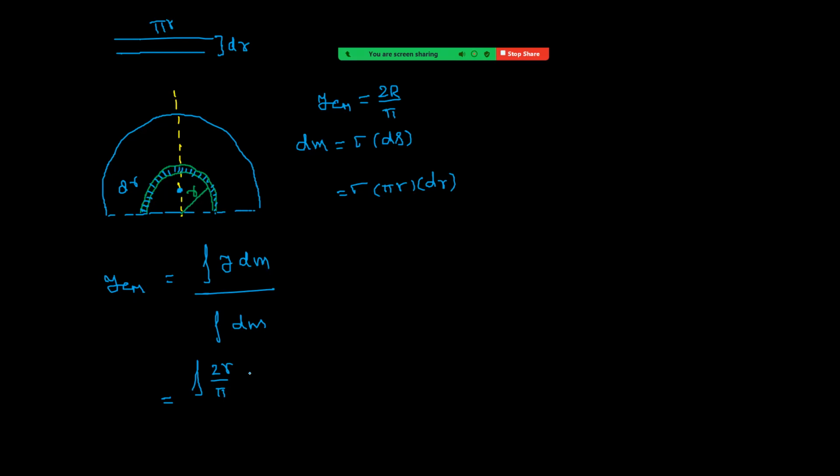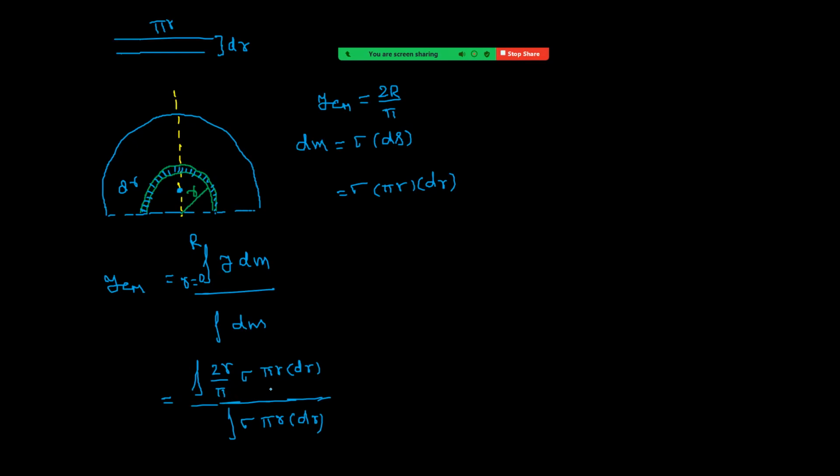Okay. So sigma pi r dr upon the integration of dm, again sigma pi r dr. Like this, we have to consider half rings from r equal to 0 to capital R. Okay.